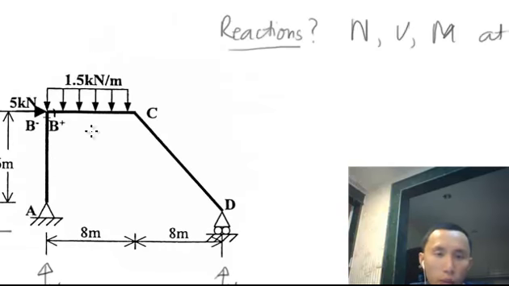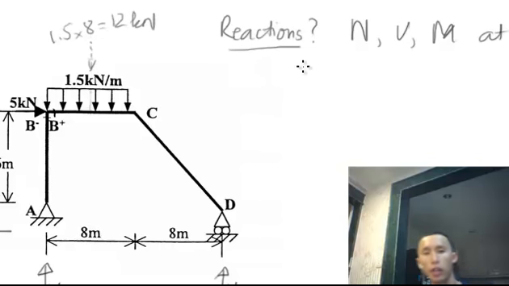Now we can also see that this is a UDL, right? So I will make a resultant force right at the center of this UDL. This is going to be 1.5 times the length, which is 8 meters. So 1.5 times 8 equals 12 kilonewton.